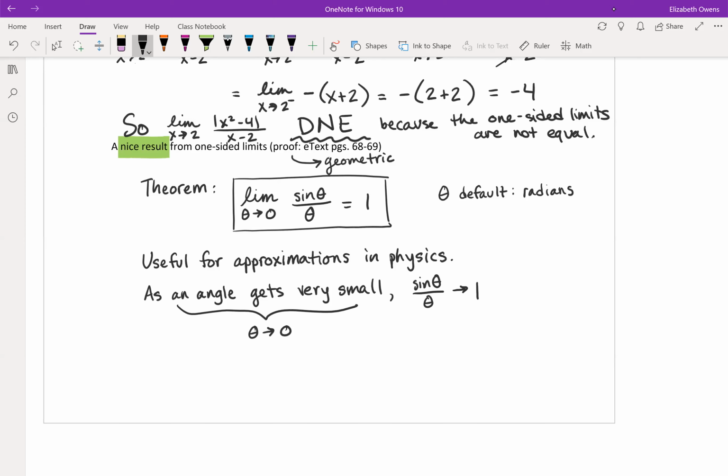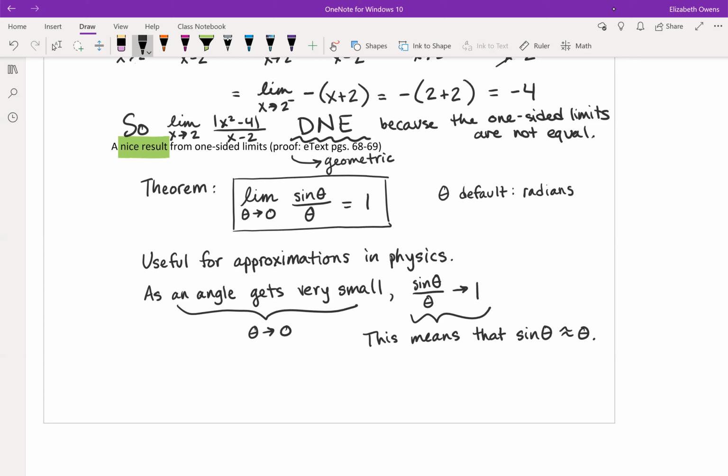So this means that since that fraction is about equal to 1, the numerator and denominator are about equal to each other, because if you divide something by an approximately equal number, you get a result that's about equal to 1. So this means that the sine of theta is approximately equal to theta.